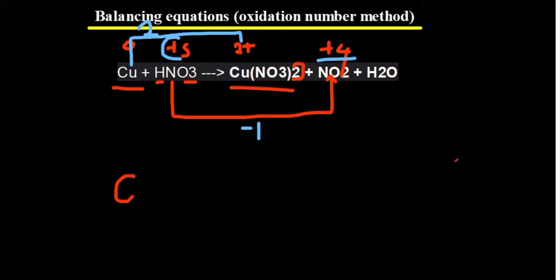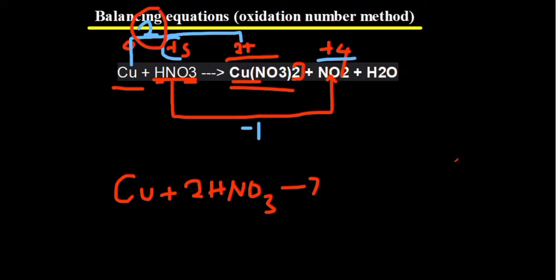So we have copper plus, this is going to be multiplied by the opposite 2 there, so it will be 2HNO3 from the other half reaction, giving us, so copper is, this compound is part of the half reaction with the 2, so it's being multiplied by the 1, so it will still be the same.